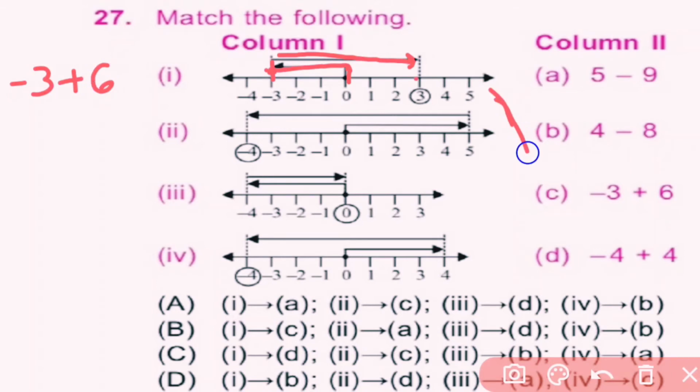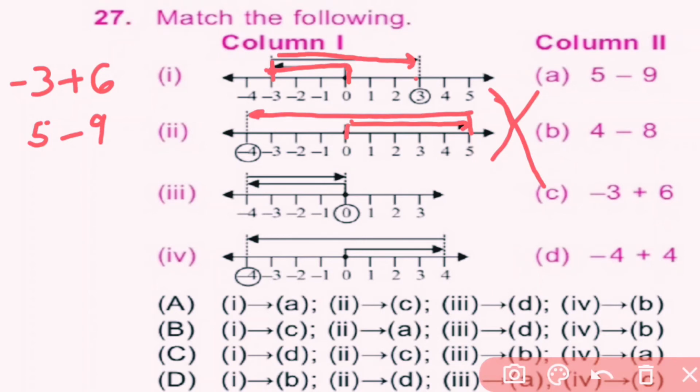For 1, C is correct answer. Then option 2, 0 is up to 5. So 5, and from 5 this direction means minus. From 5 to minus 4 distance is 9 unit. So for 2, A is the correct answer.